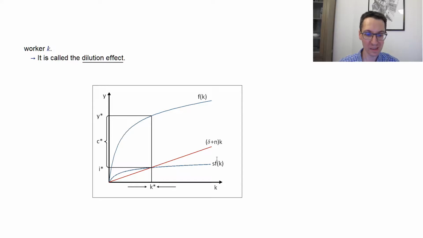So the steady state is little k star, and it occurs when savings, investment per capita, sf(k) equals depreciation per capita, (delta plus n) k. And then I have my output per capita, y star, my investment per capita, i star, and the difference between the two is c star, the consumption per capita. So everything looks quite the same, it's just that we have everything per capita.